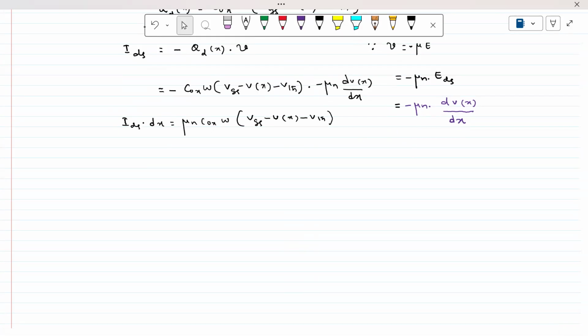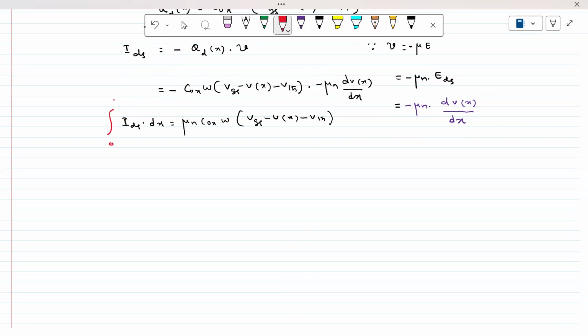So this is what we calculated at a point X within the channel. Did you catch this point? This is the value of the IDS at a point X within the channel. Now we are going to use integration throughout the channel.